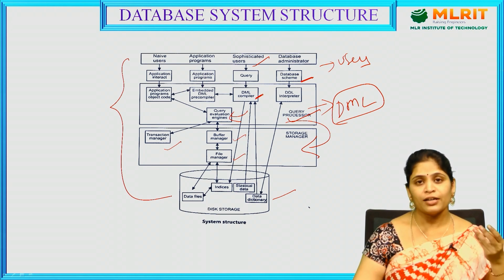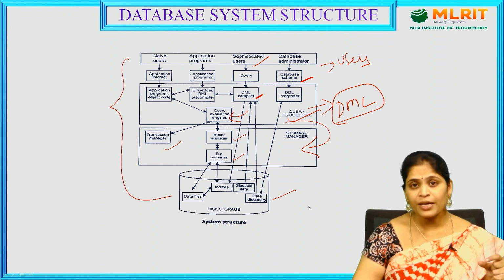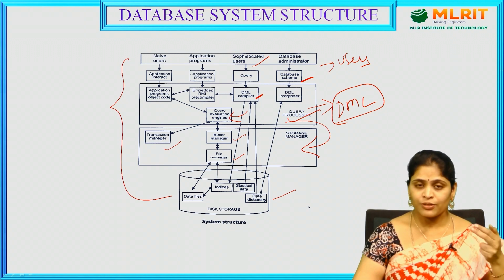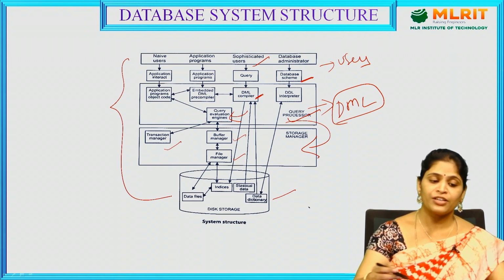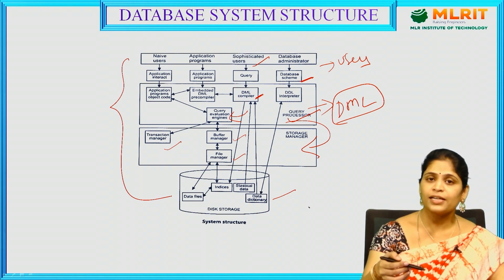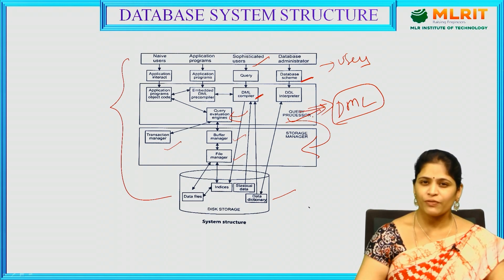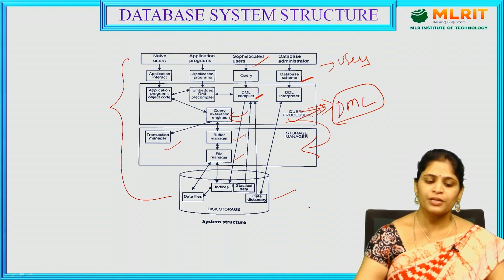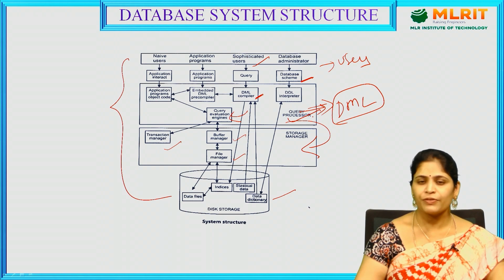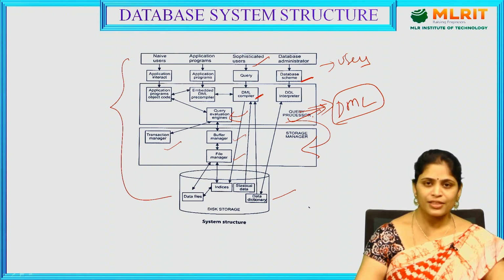The second level represents the APIs, through which the users interact with the database. And the third level represents the query processor, where whatever data is asked by the user will be compiled and interpreted, then given to the storage manager phase, and then the data will be retrieved from the disk.